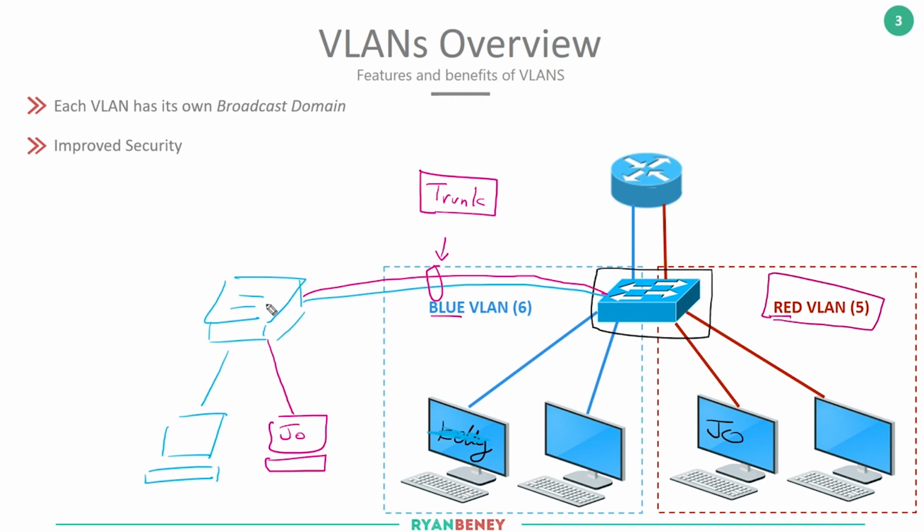Both switches know about red and blue, and we can configure red and blue on both switches on any port we so desire. If Joe wanted to communicate with Kelly, because they're on different VLANs, they still need to go up to the router and come back down to be able to communicate to one another.